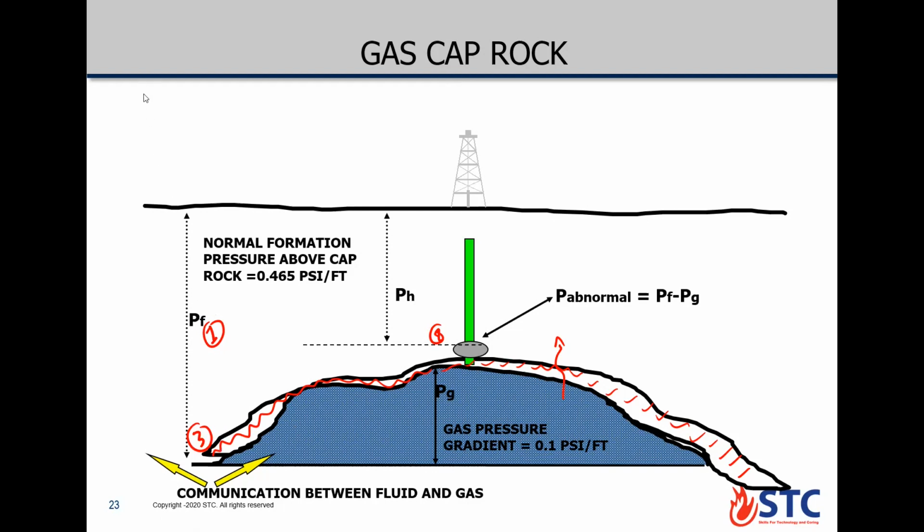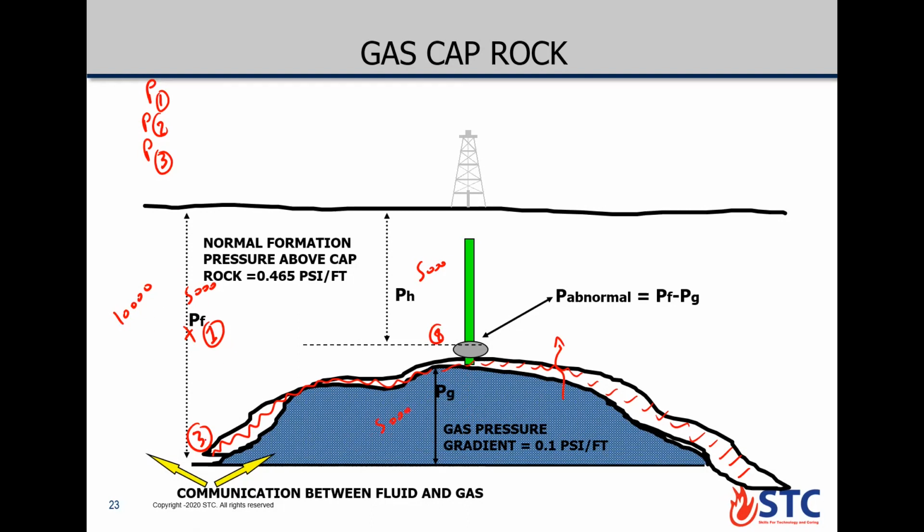If we need to calculate the formation pressure at all of these points, let's say formation pressure at point number 1, P formation at point number 2, P formation at point number 3. If our TVD depth is about, let's say, 10,000 feet, here as the middle will be 5,000, here will be 5,000, same depth, and the remaining depth will also be 5,000 feet.